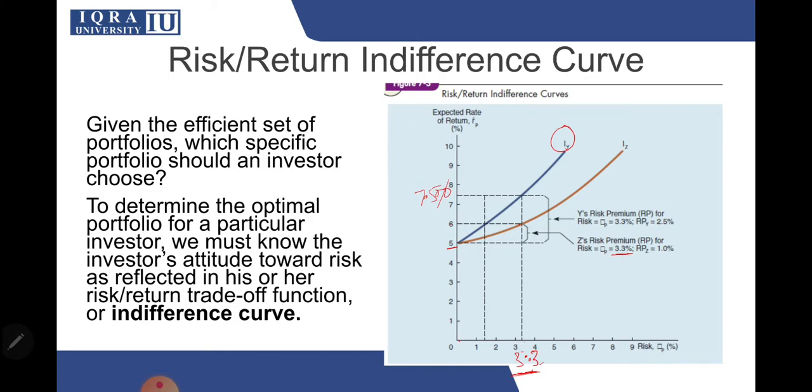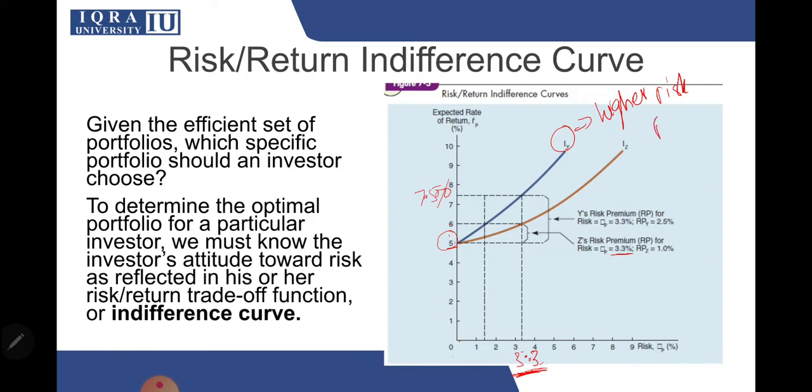For a 3.3% risk level, investor Y wants a 7.5% return. So this investor is equally satisfied if he gets a 5% riskless return, or a 7.5% return for bearing a 3.3% risk level. So this means that this investor is asking for a higher risk premium.